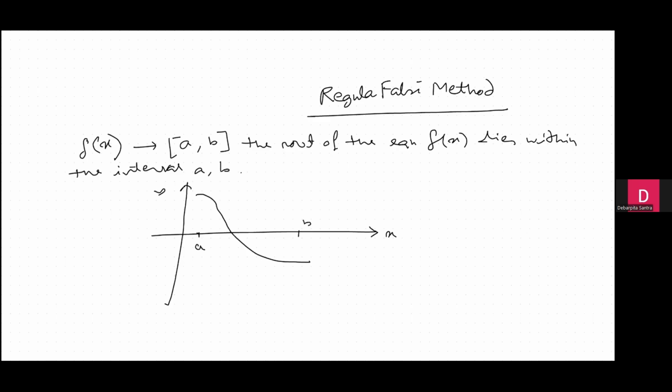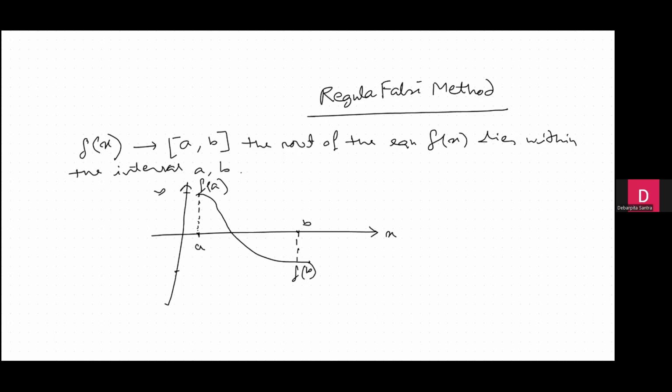So a lies here on the x-axis and the point b lies here. And f of a is the corresponding value of y, and f of b is the corresponding value of y.